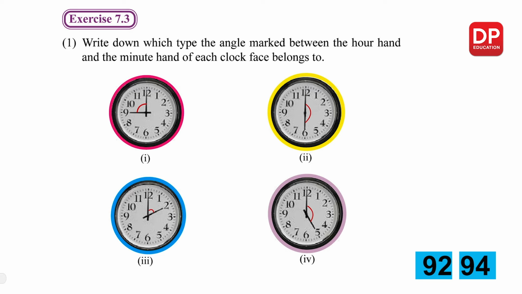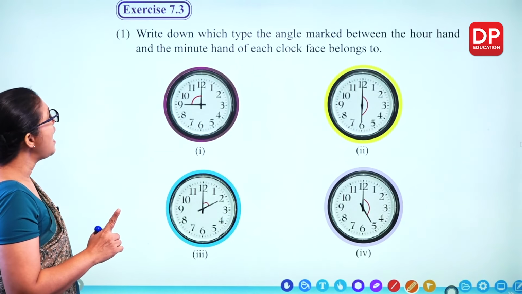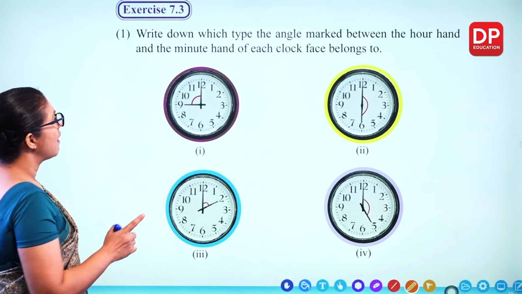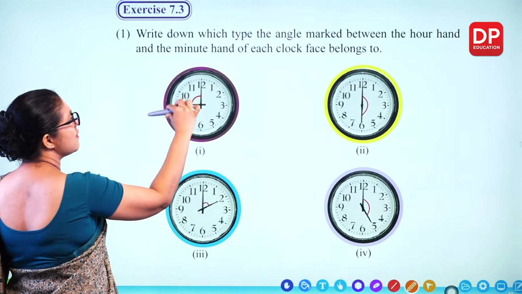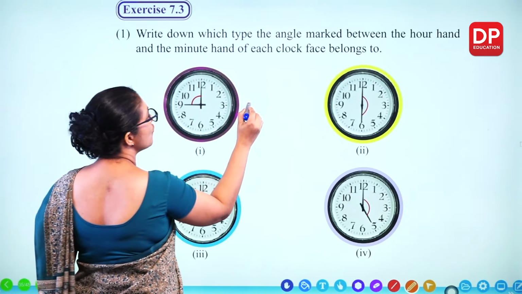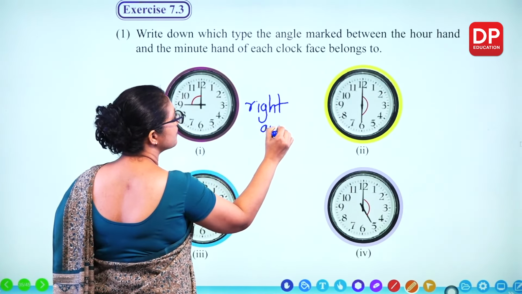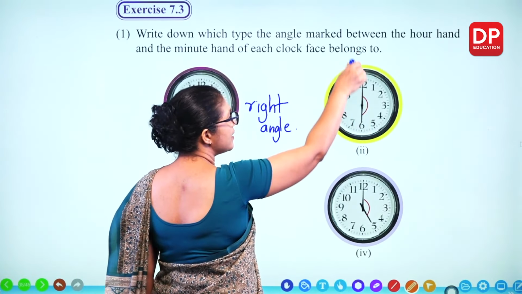Exercise 7.3. Write down which type of angle marked between the hour hand and the minute hand of each clock face belongs to. So here this angle, exactly the vertical one and the horizontal one. So we call that a right angle. This one is just a straight line.